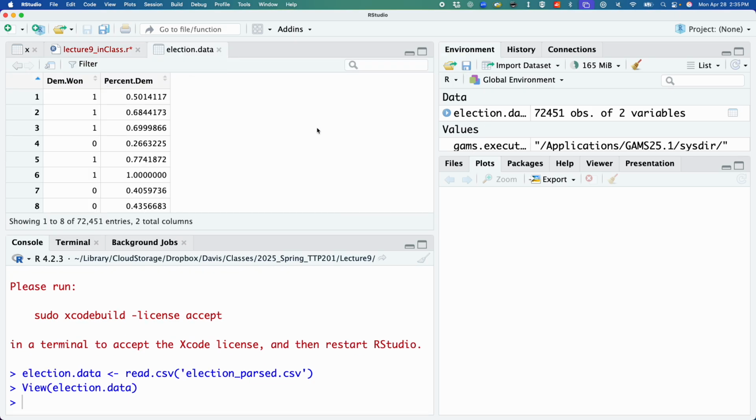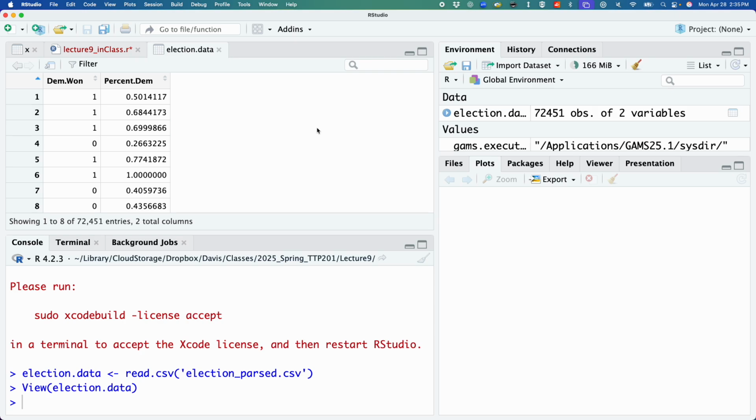This is a really simple example. It is data by counties in the US, and basically they were looking at different elections.